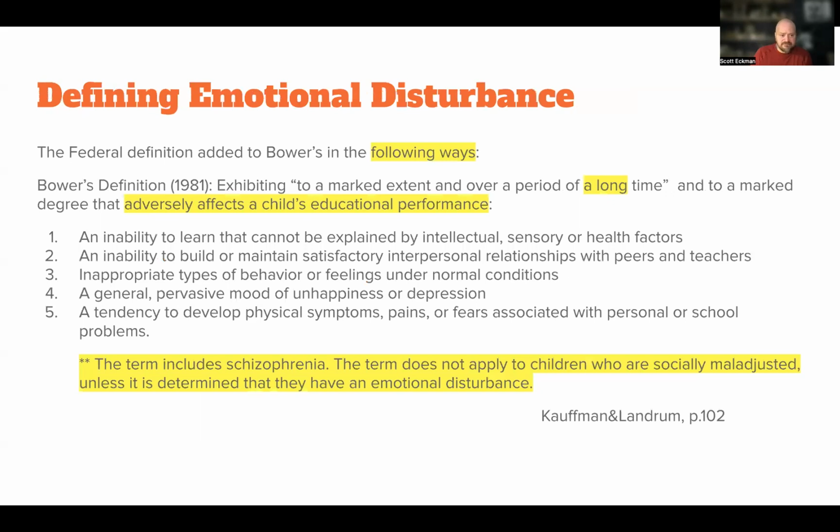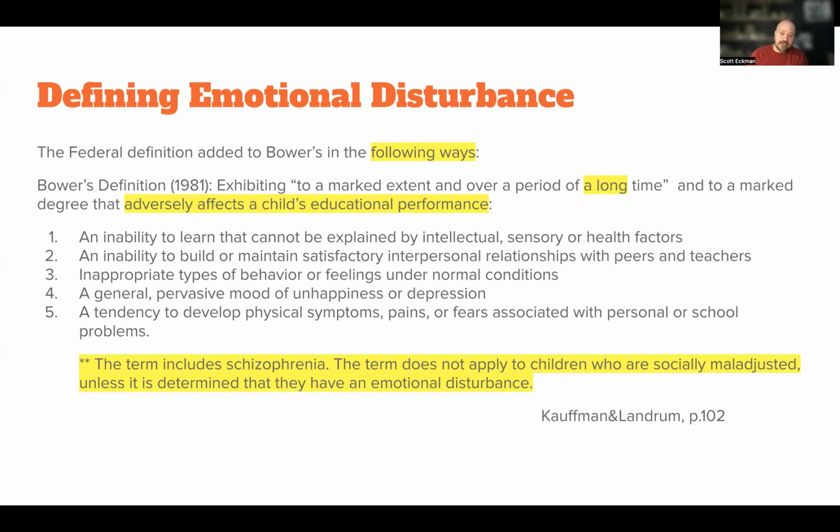So we have this Bower definition, and then the Federal Department of Education created the definition of emotional disturbance based on Bower, and then they added to it. What a lot of researchers will talk about is that what they added didn't really help things, and in fact, it actually made things worse. You'll notice in the highlighted parts the way that they added to that definition.